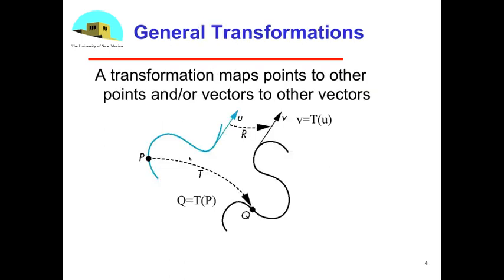Now, in general, we can talk about a transformation of a point to a point, or of a vector to another vector. We can think of transformations that convert points to vectors or vectors to points. We're not going to worry about that. We're only going to worry about transformations that convert a point to a point, or a vector to another vector.